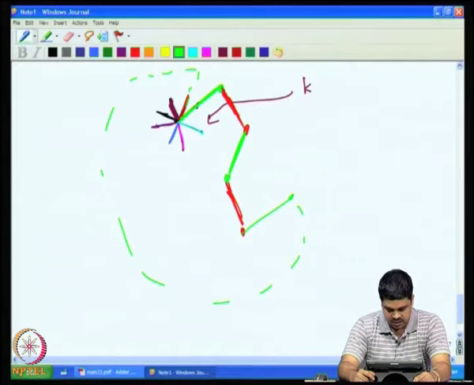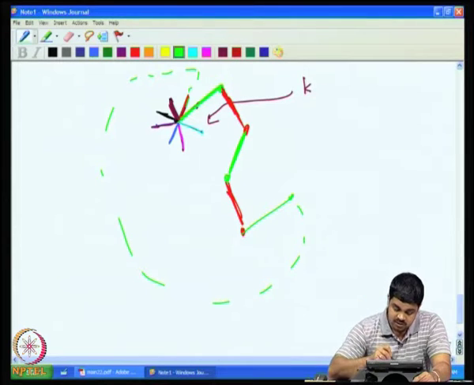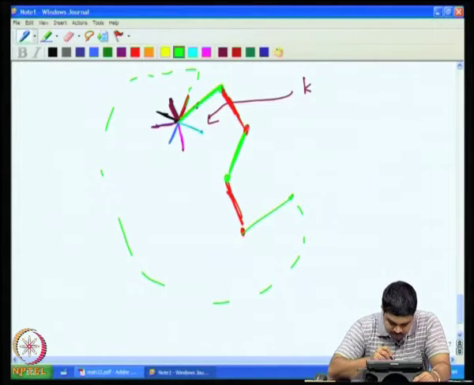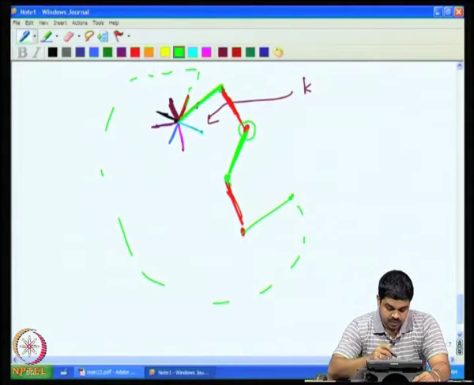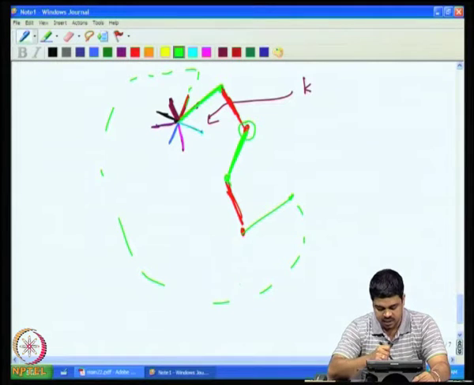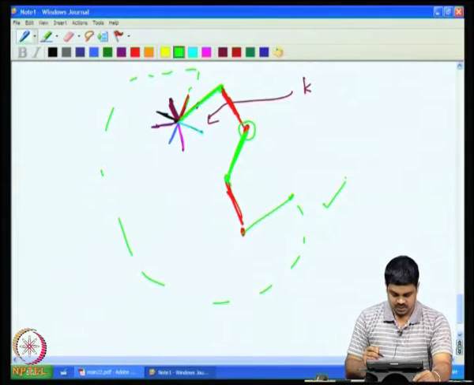Therefore, it is not possible to have just k colors, because this problem comes. So we should have at least k plus 1 colors. Why? Because if there are k plus 1 colors, at some point we may not see the outgoing green edge or red edge, so the sequence will break even without coming back to the same vertex. That is why it needs k plus 1 colors.